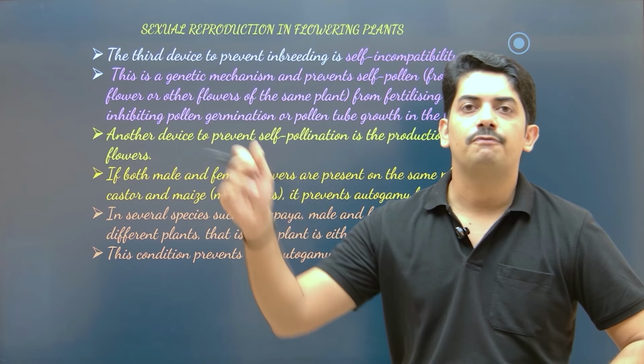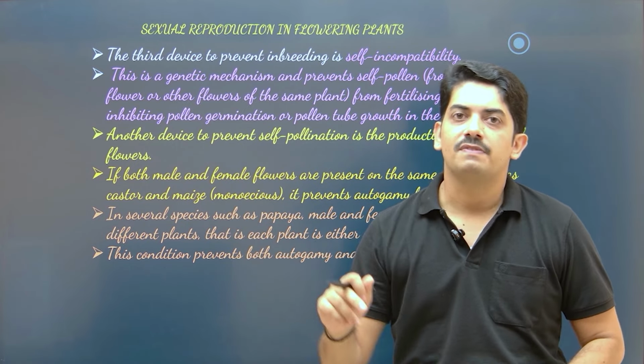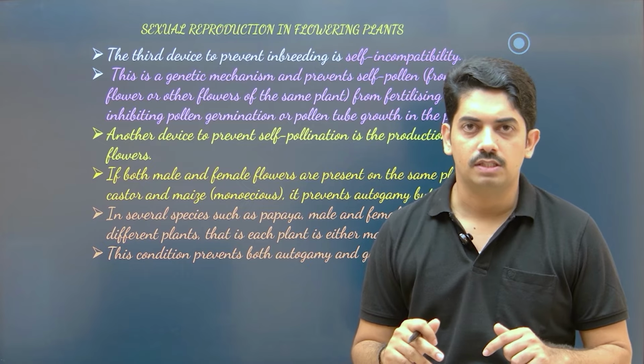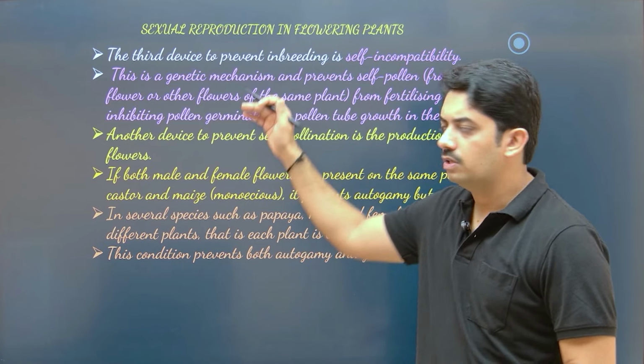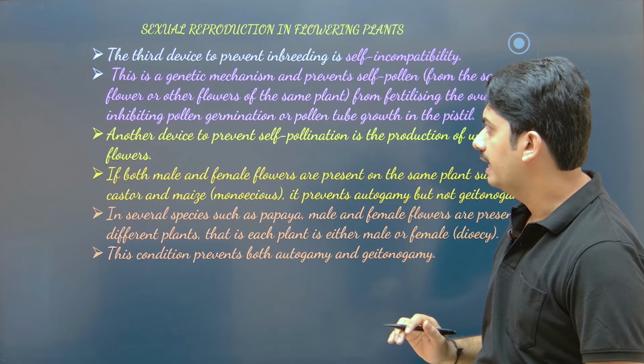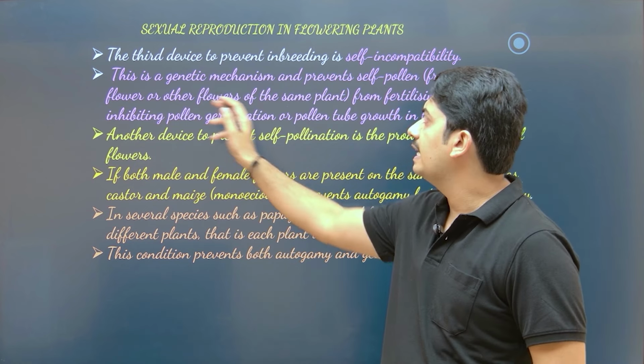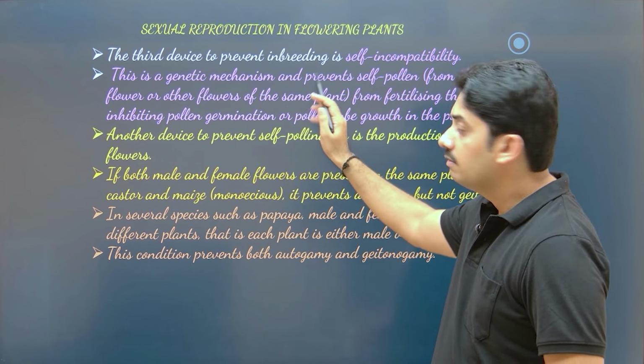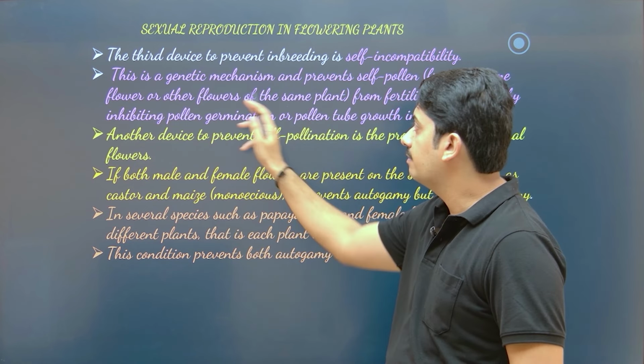So the pollen from another plant of same species can germinate on this stigma. This condition we call it as self-incompatibility. So this is the genetic mechanism, very important. This is the genetic mechanism.